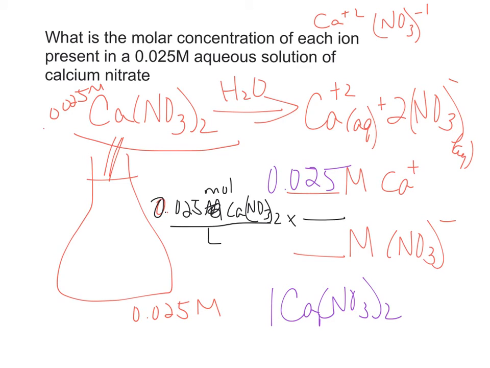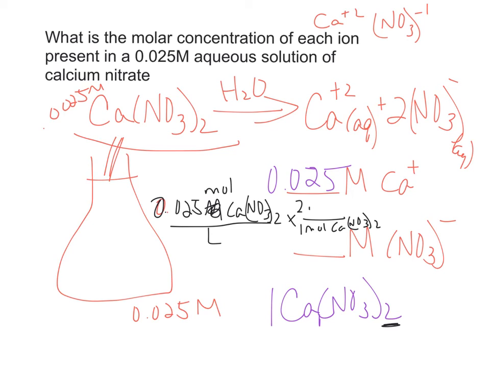And for every 1 mole of calcium nitrate, I realized this would have been better if I had more room, for every 1 mole that we have of that, we have 2 moles of nitrate ions, because there's 2 of these for every 1 mole of the whole thing. 2 units of this for every 1 unit of the whole thing.